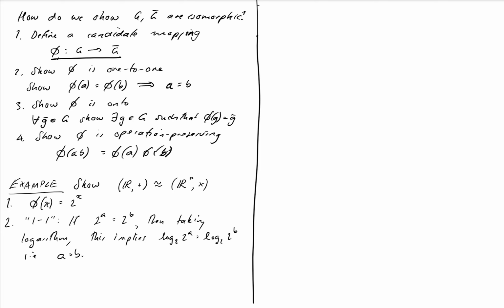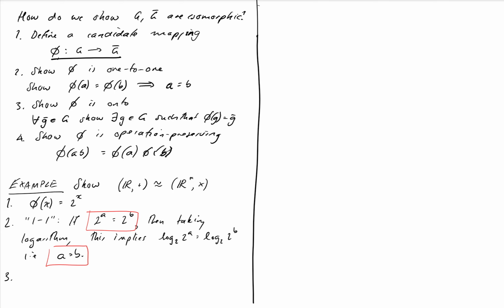So the most important thing to focus on here is the structure of what we just did. We assumed that phi of A was equal to phi of B. We used this to show, therefore, A equals B, and hence our mapping is 1-to-1.